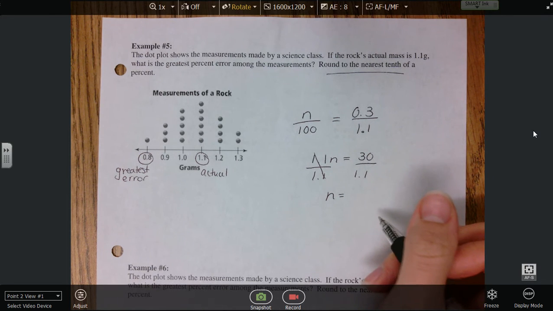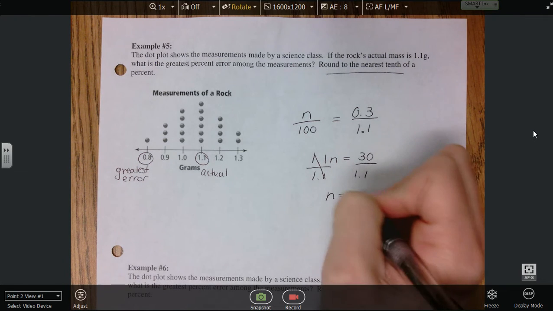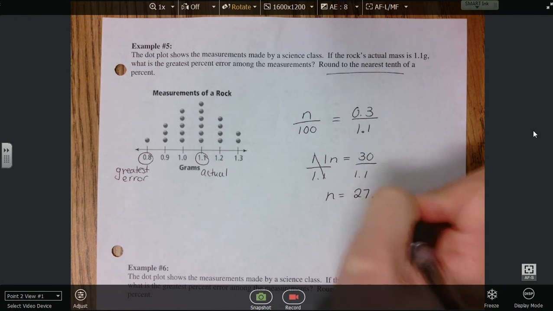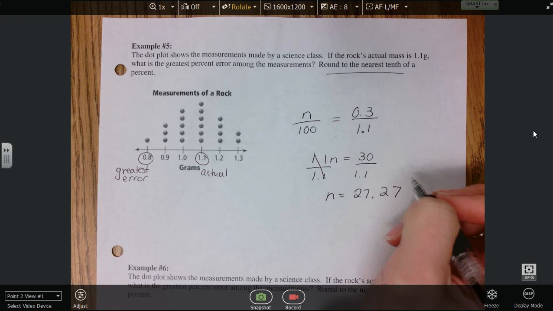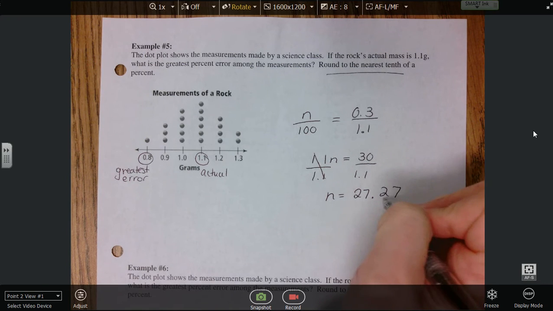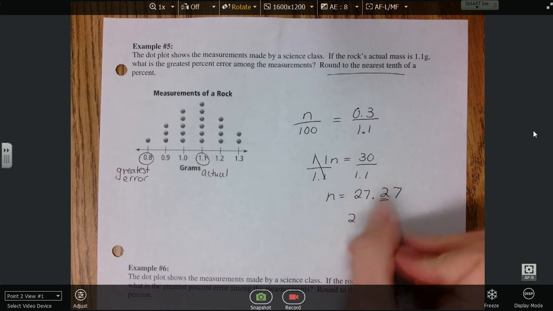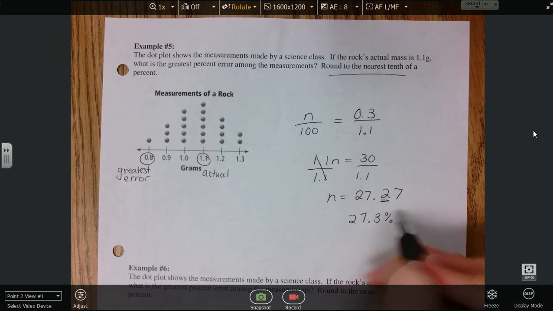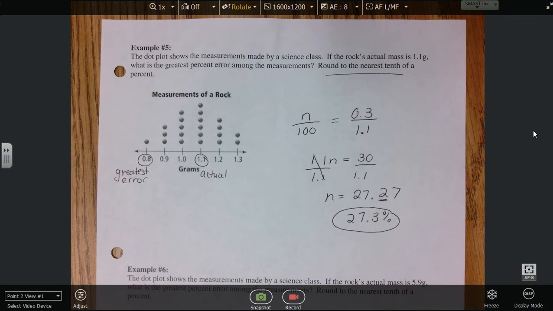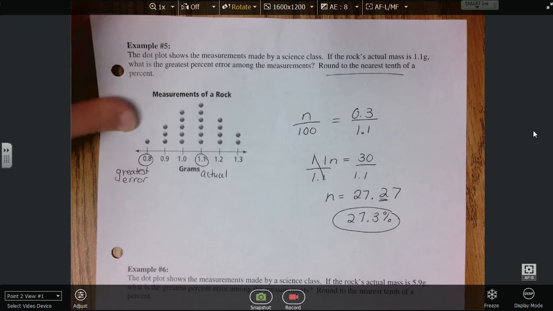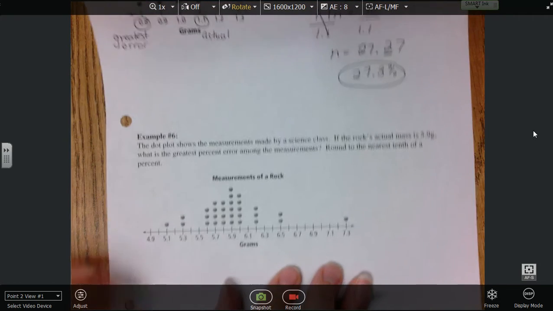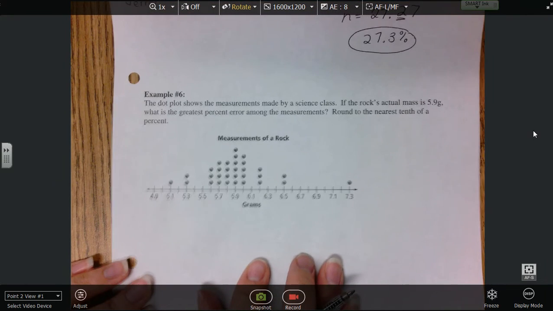We should get an answer of approximately 27, and then it keeps going, 27%. Rounding that to the nearest tenth, I look at that number in the tenths place, and that 7 makes the 2 go up. So we're looking at 27 3/10%. Okay. Question number 6. Go ahead and give that one a try on your own.